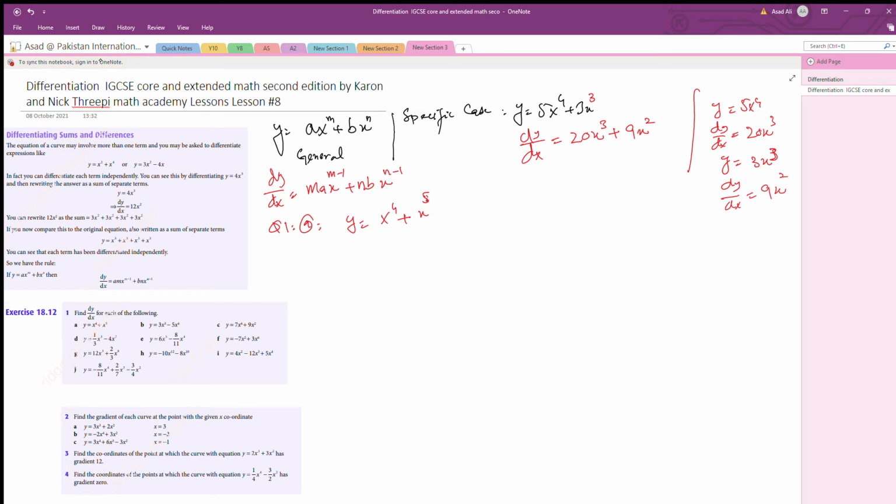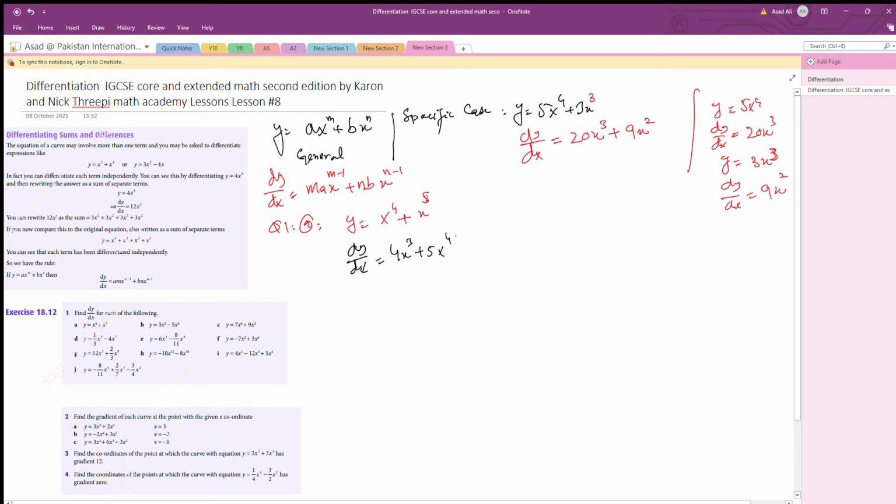I think it's power 5. They wrote some questions in ascending order and some in descending order. Okay, no problem. So I will do the question. dy dx is 4x power 3 and 5x power 4.